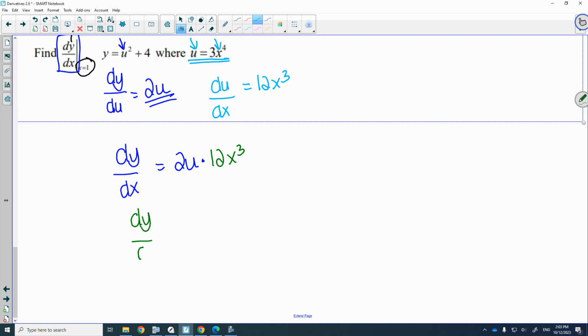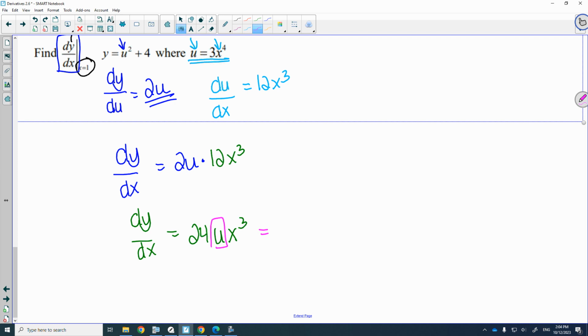dy over dx, the derivative, is going to be equal to 24u x to the 3. Now this is the derivative, they want me to find the derivative when x is equal to 1. So I'm going to be putting a 1 in for x, but first I have to get rid of u. What was u equal to according to what they initially gave me?